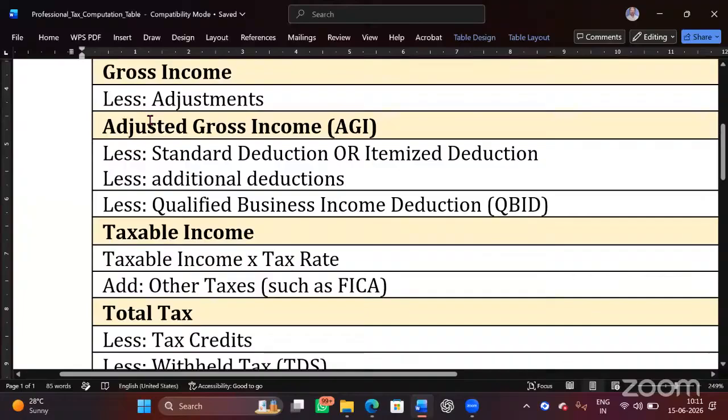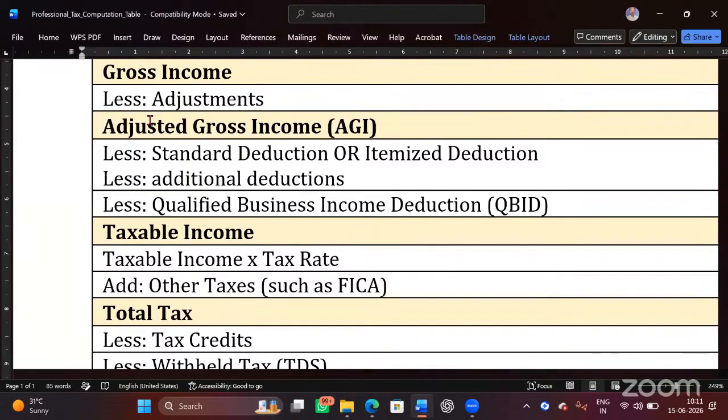Apart from standard deduction and additional deduction, one more deduction is allowed. It is the Qualified Business Income Deduction, QBID. It is also a separate chapter to be covered subsequently. This QBID is not allowed to all people.